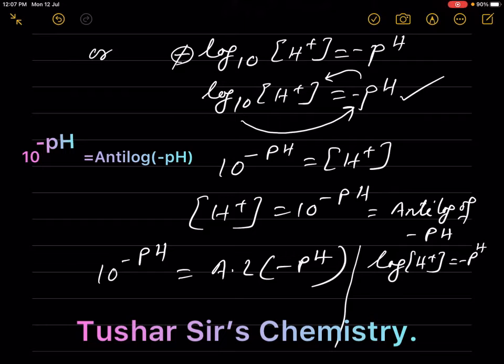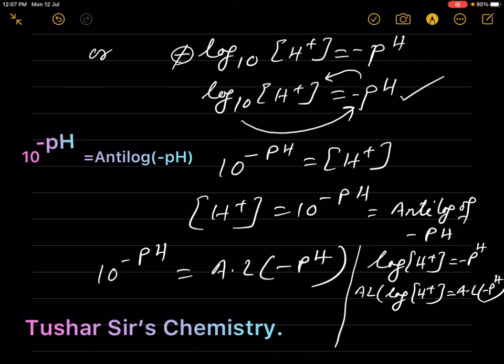Taking anti-log on both sides, anti-log log H plus concentration is equal to anti-log minus pH. Here anti-log and log cancel, so H plus concentration is equal to anti-log of minus pH.